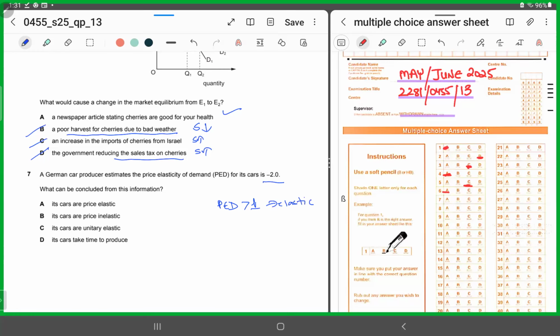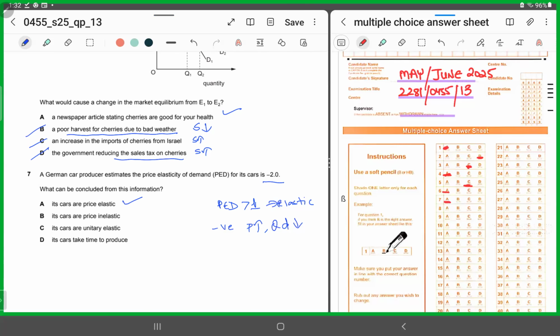And the negative sign is showing that if price increases, the quantity demanded will fall. This shows that its cars are price elastic, because if the price increases, the quantity demanded would fall.